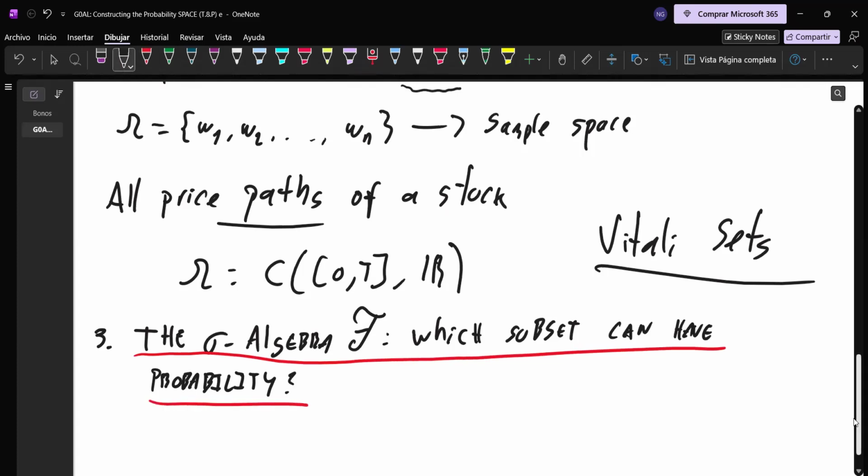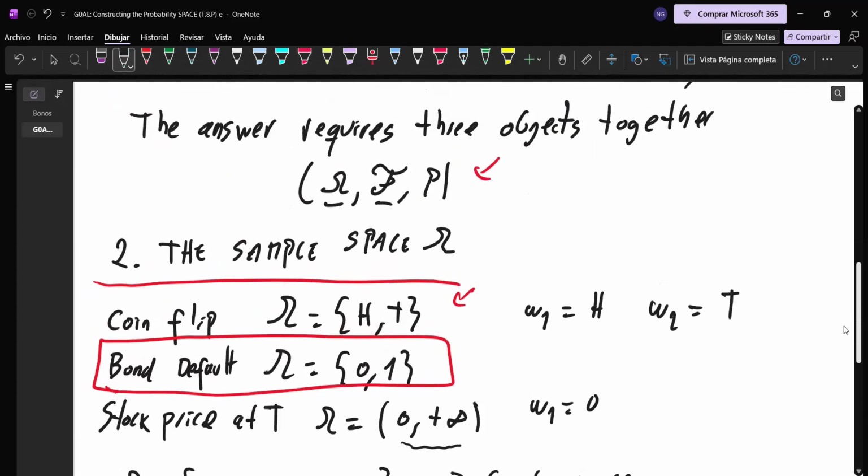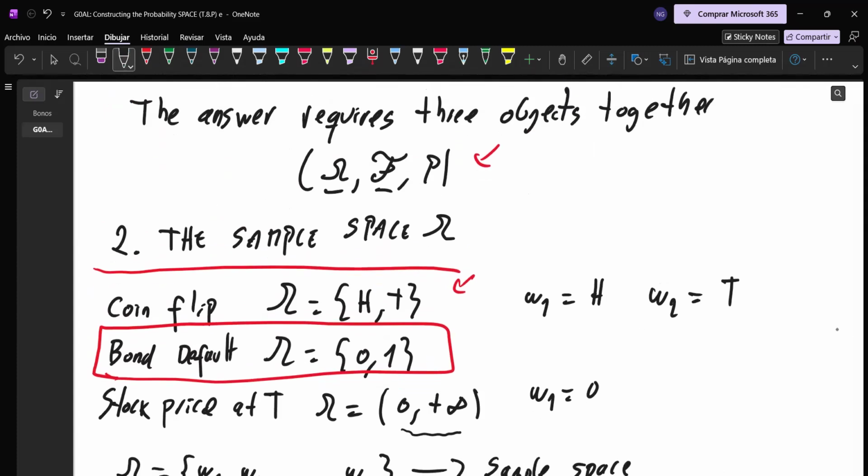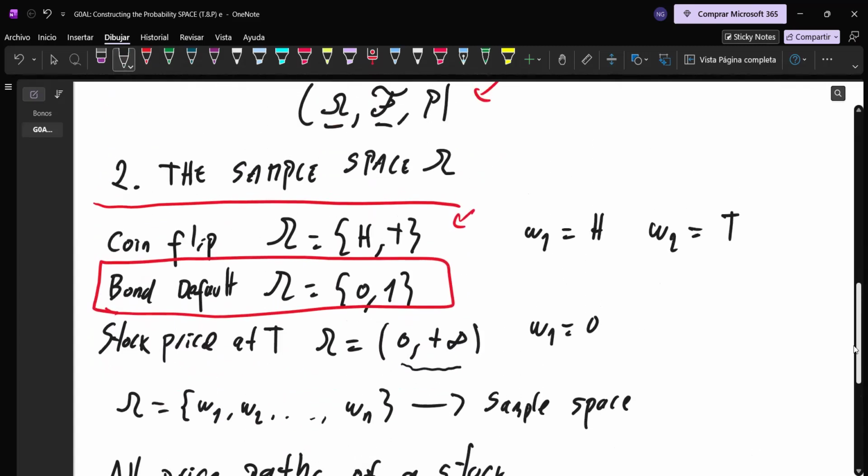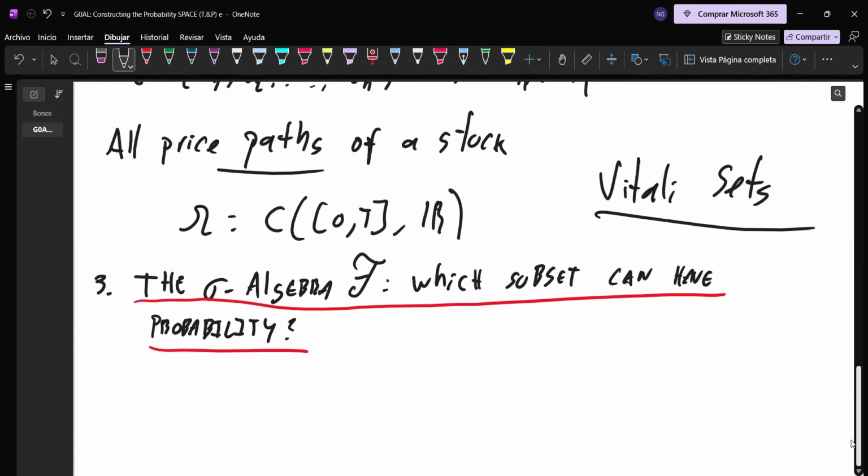So we say the sample space is the space of the events. I make something, a coin flip or something like that, and in this space omega I have all these events: coin flip, H, T, and something like that.